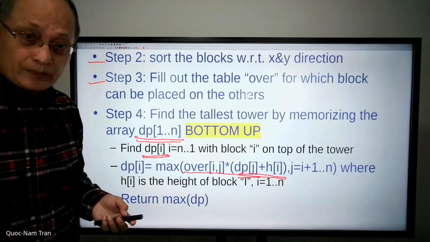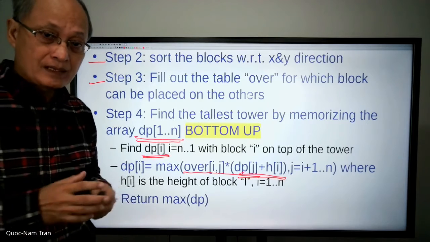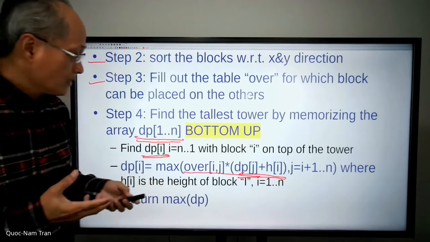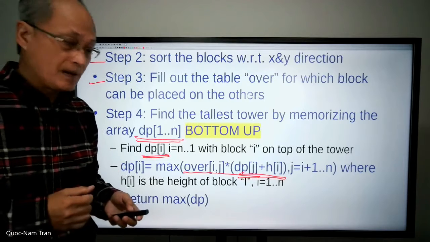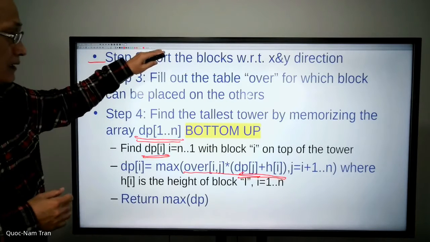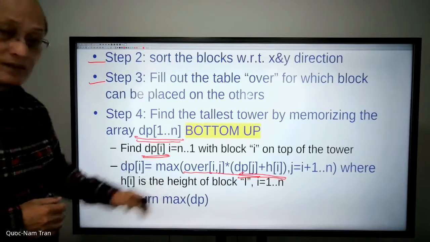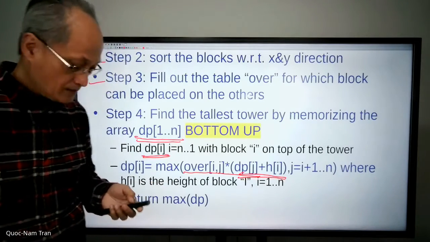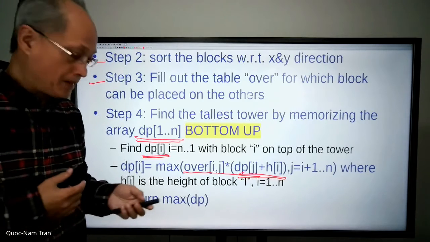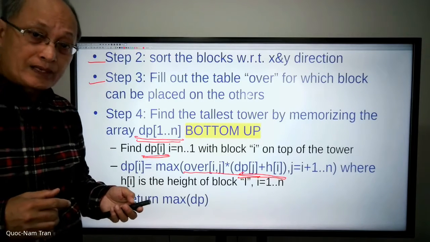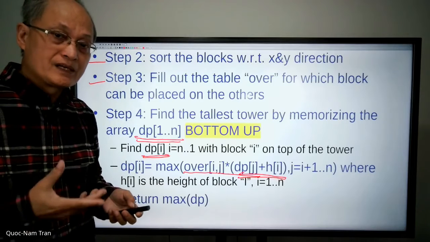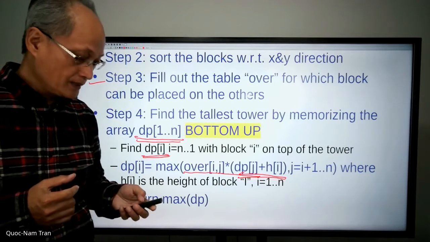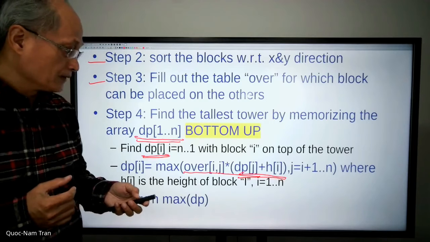So today we will practice. We have a hands-on practice on one particular example to see how we can use the algorithm we have here to find out what is the tallest height of a Tower of Babylon we can build based upon a given set of blocks, or blocks input, right?